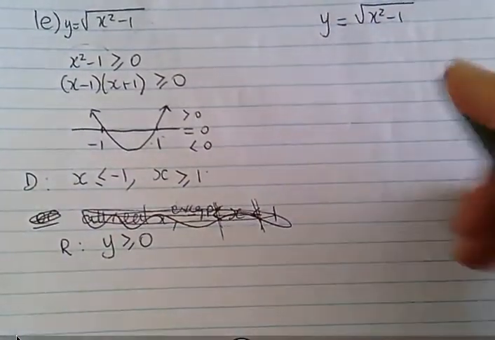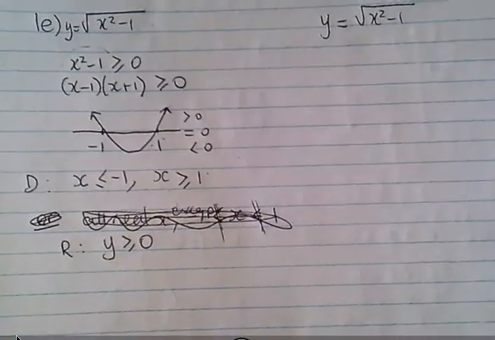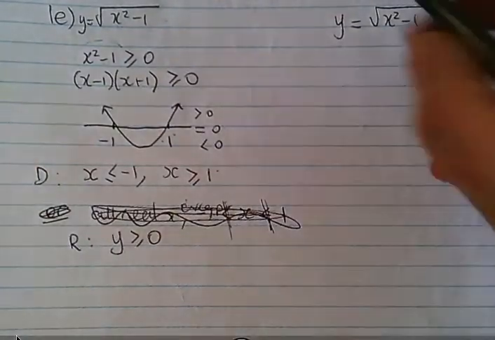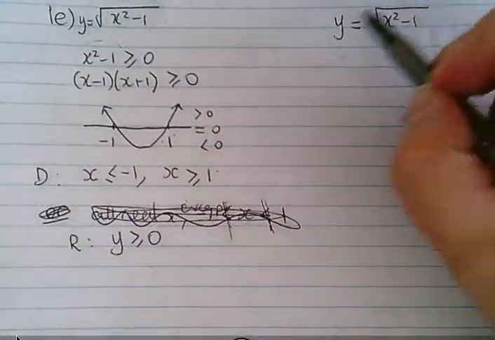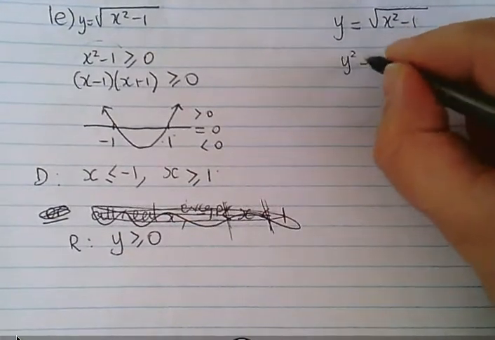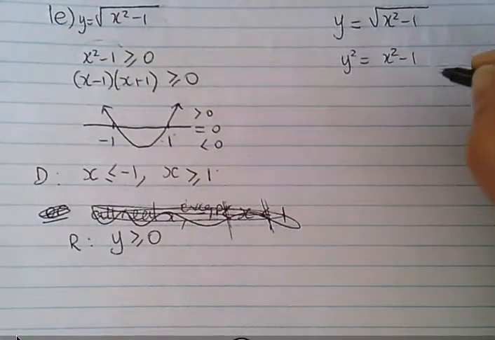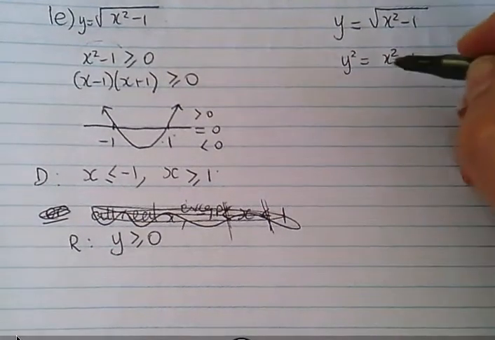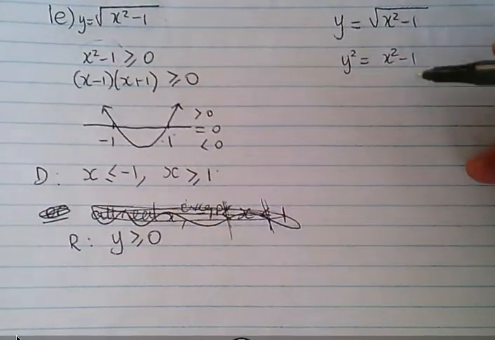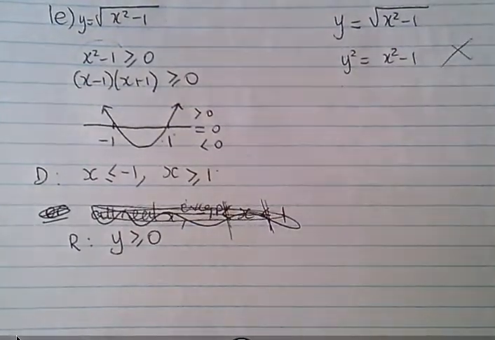You know when I had the circle version of this, the semicircle, what did I do? Where did this function come from? Tell me. What should I do? Square both sides. Let's have a look. Ooh. No, you don't know this function. We don't know y squared minus x squared is -1. We can't sketch it.